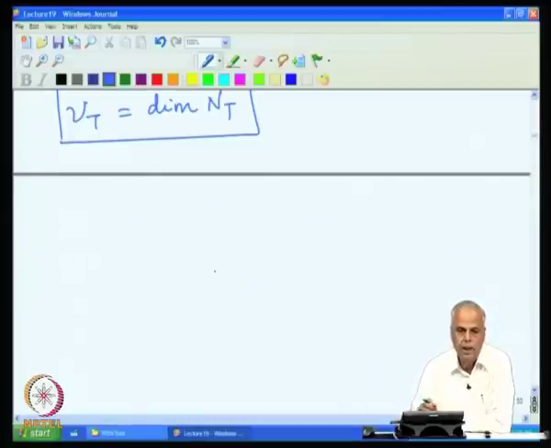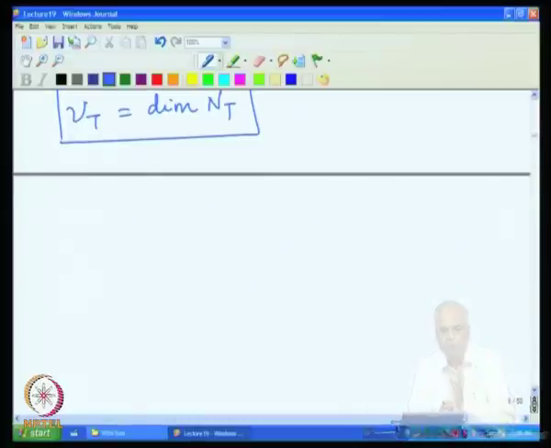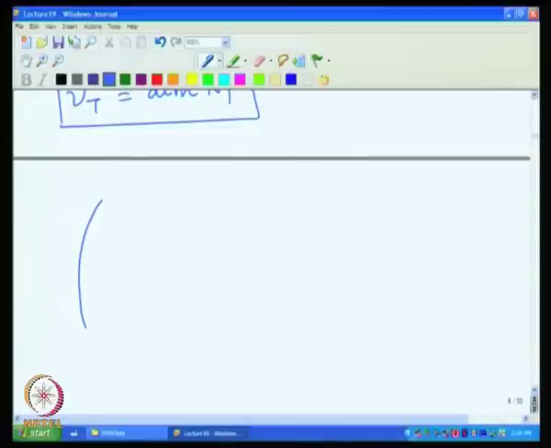So, now we have collected all the vectors which are focused to 0, and then we have studied them, and we find that they form a subspace, and that subspace is called the null space, and its dimension is called the nullity. Now, let us look at again the transformation.